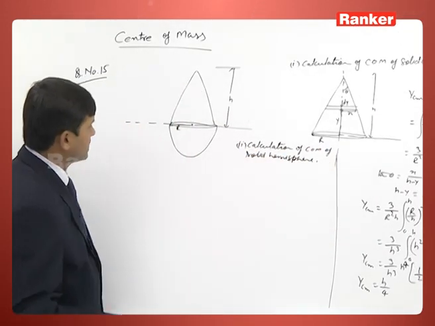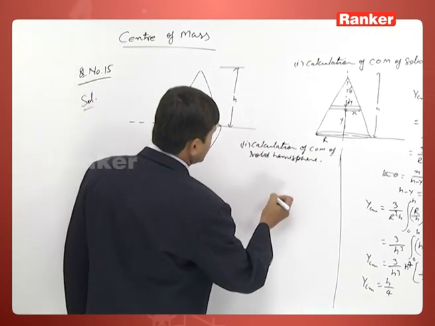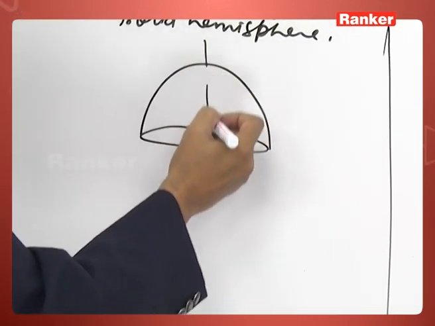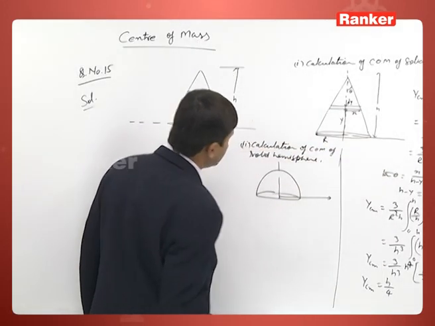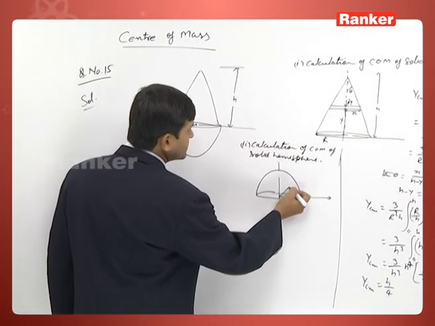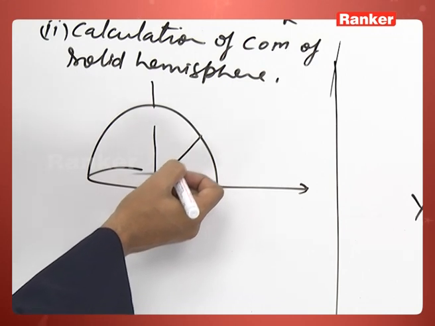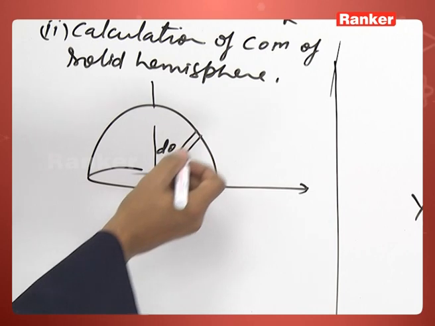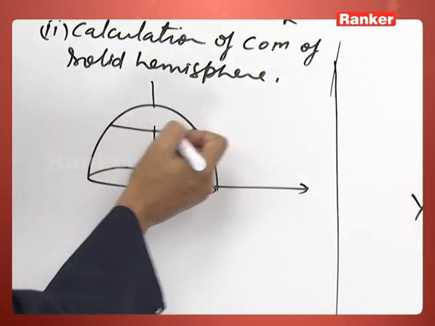See how to calculate. Let this be your solid hemisphere of radius r. Same method again. Let this angle be theta, d theta, and we can have this type of disc.